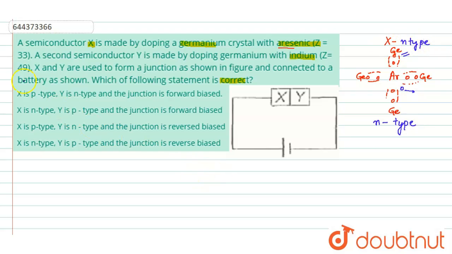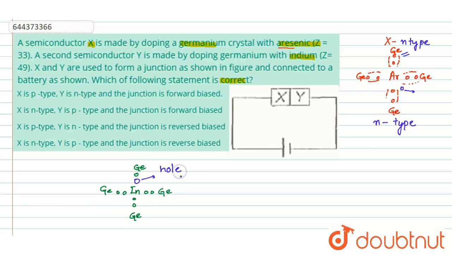Now, if germanium is doped with indium, what will happen? Indium has 3 valence electrons, so it forms 3 bonds with the neighboring germanium atoms, like this. Now there is a hole at this place.